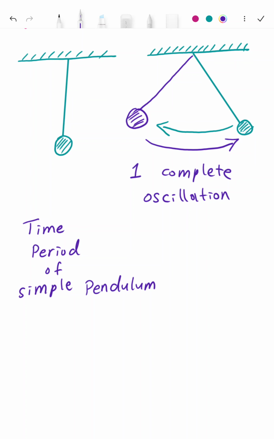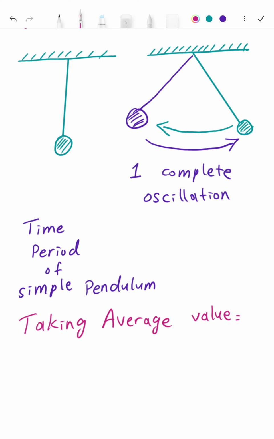For example, there could be a systematic error, or a random error, or an error due to the reaction time of the human being. So what we do is use the method of taking an average value.